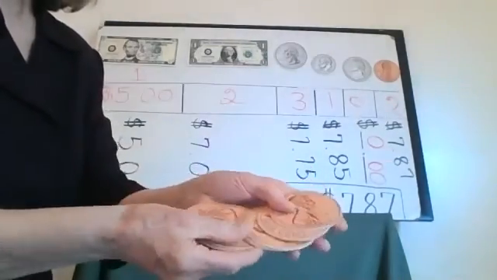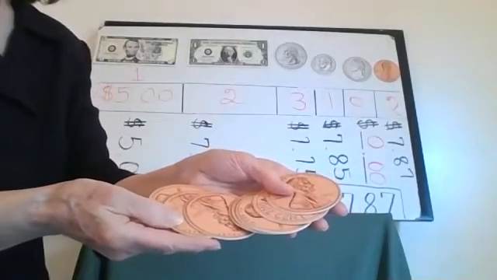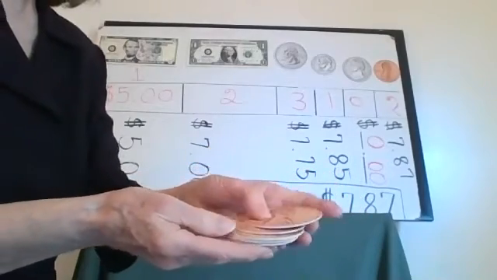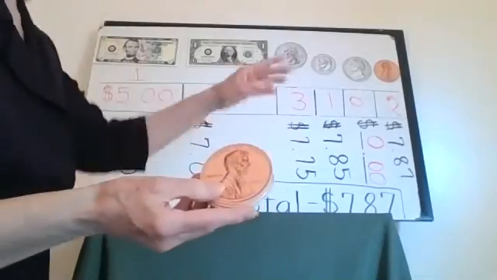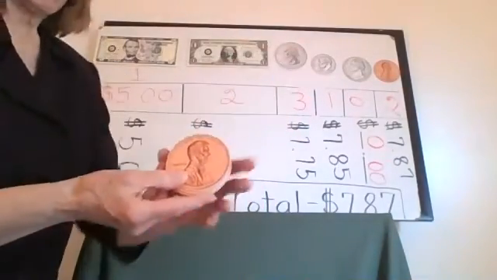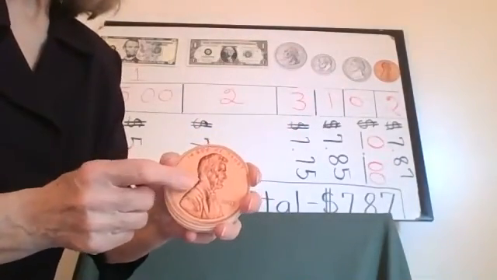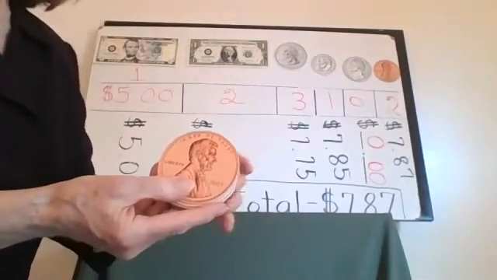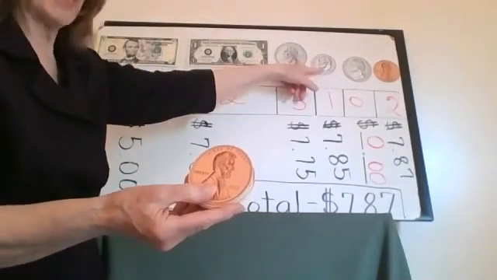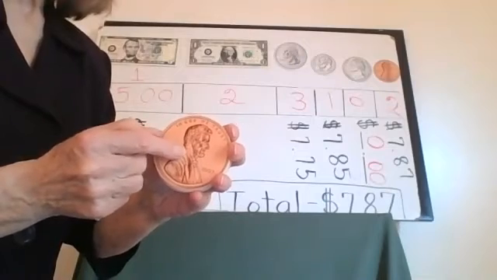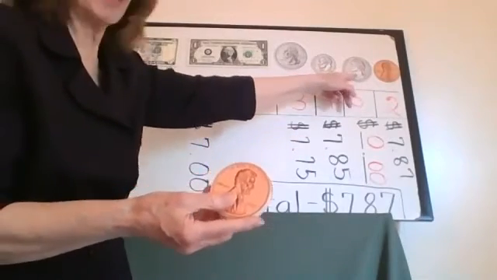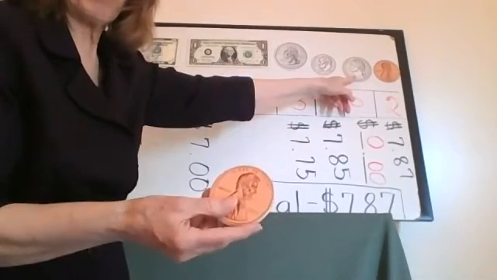here's a lot of pennies. 25 pennies equals a quarter. How many pennies do I need to equal a dime? 10. How many pennies do I need to equal a nickel? 5.